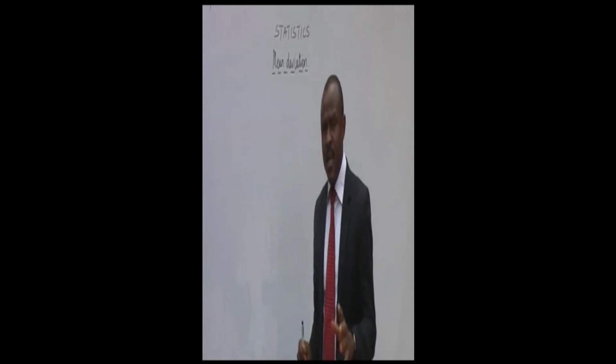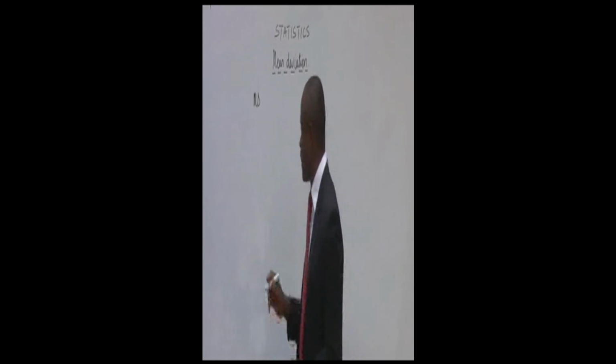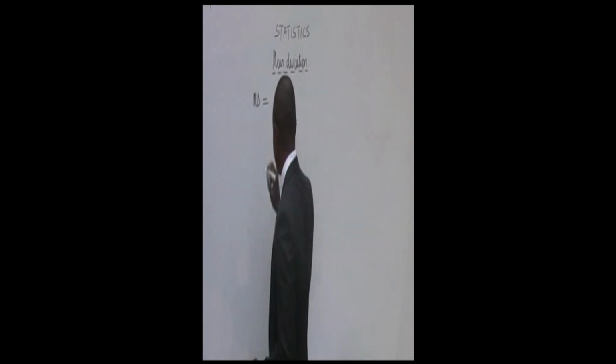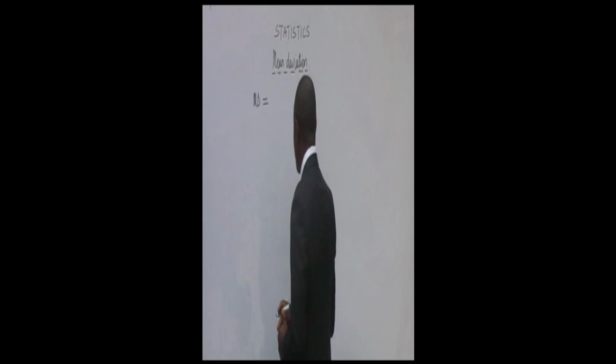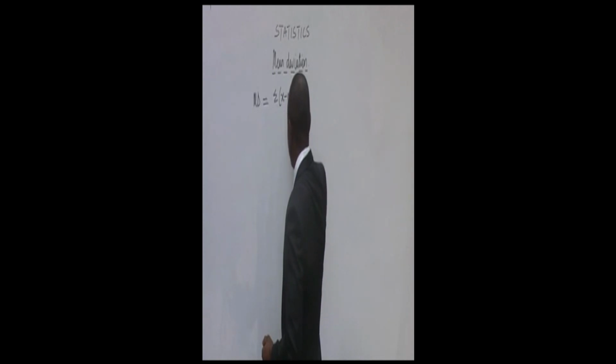That means in finding your mean deviation in a distribution that has no frequency, you use this formula. MD is used as abbreviation for mean deviation, not managing director. You find it by sum of the absolute value of x minus m, divided by n.